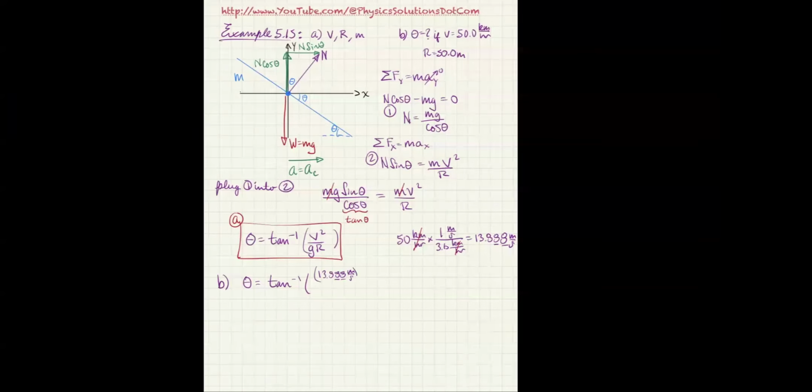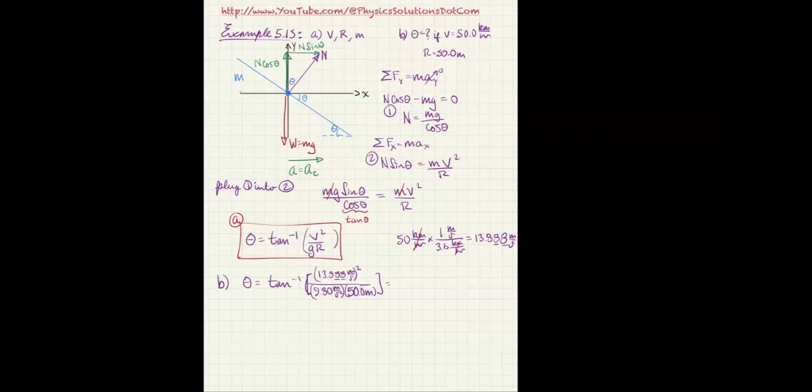meters per second. That quantity is going to be squared, and then I'm going to divide it by 9.80 meters per second squared, and times 50, which is the R, which is 50.0 meters, and I'll make that a square bracket so it looks a little more tame.